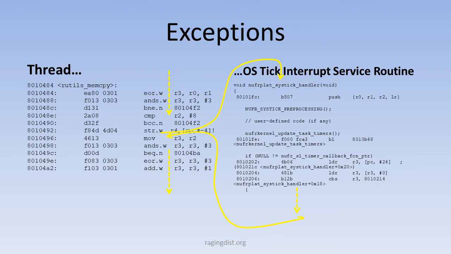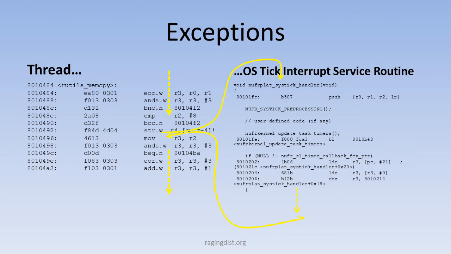And this other path, the source code, is the NUFR plat systic handler. It's the handler for the OS tick, and the instruction starts at 80101FC, the instruction B507. So it will go and do this, and this is actually another thread here, this OS tick handler.